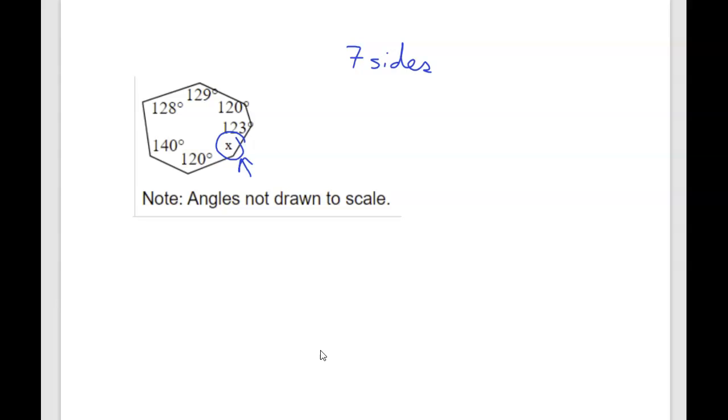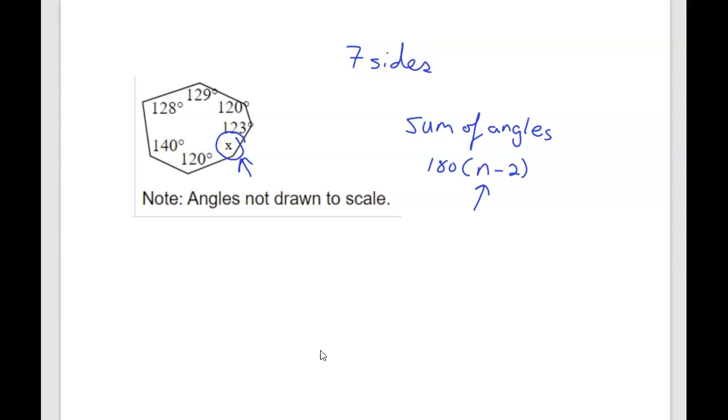Well, the sum of the angles are always going to add up to 180 times n minus 2, where n is the number of sides.